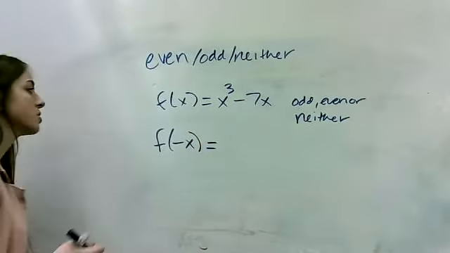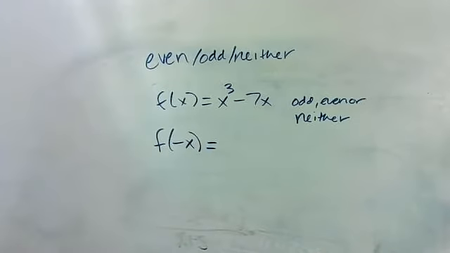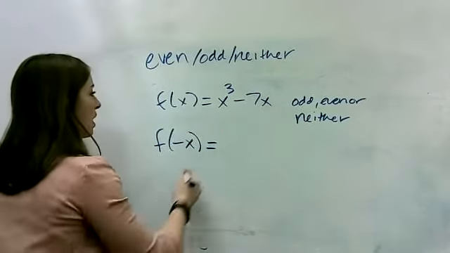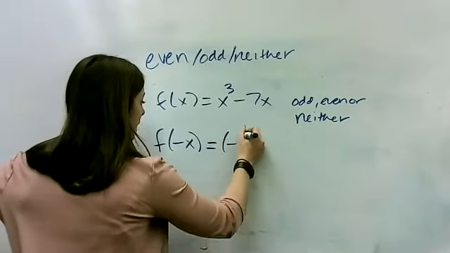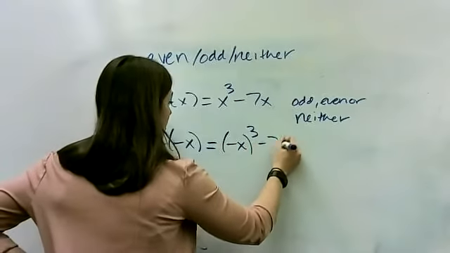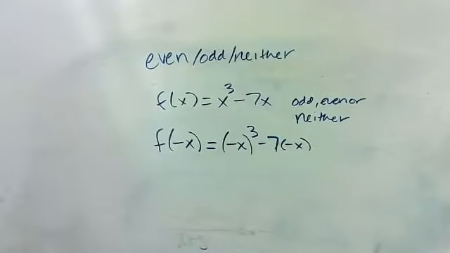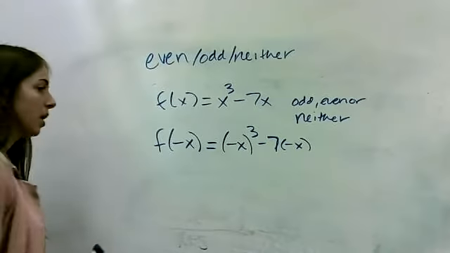You know when we substitute something in for x, we put that in for every x we see in the original equation. So here I have to put in a negative for x and a negative for x down here. We want to try to actually solve this out.